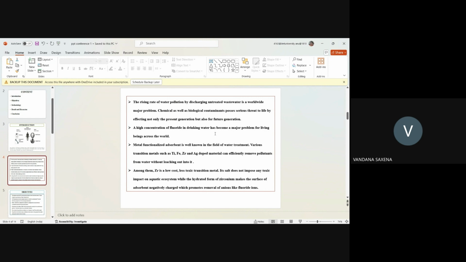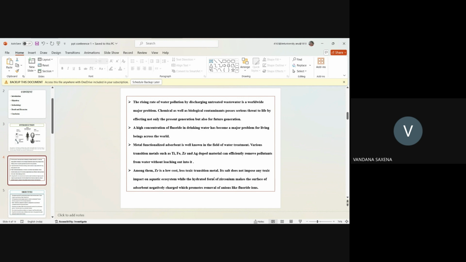Among all, the adsorption method is a very well-suited method for water remediation, and many adsorbents have already been published. Why did we choose this adsorbent-based method? Because our target is to develop a cost-effective, eco-friendly and sustainable material that can provide a good option to defluoridate water bodies. As we can see, the metal functionalized adsorbent is well known these days.